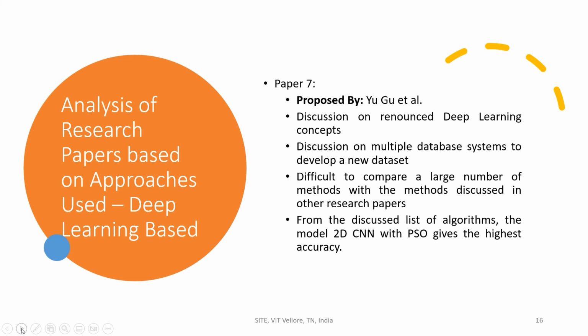This paper was focused more on the database systems. Now, from the discussed list of algorithms which are presented in this paper, the model of 2D CNN with the PSO has given the highest accuracy.